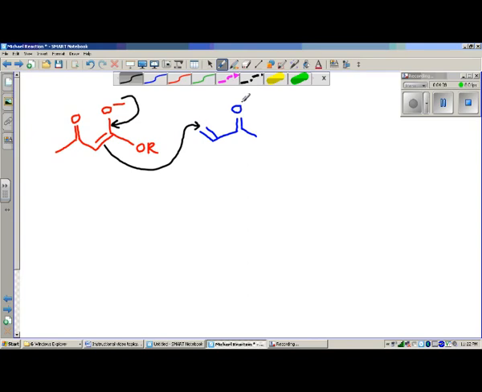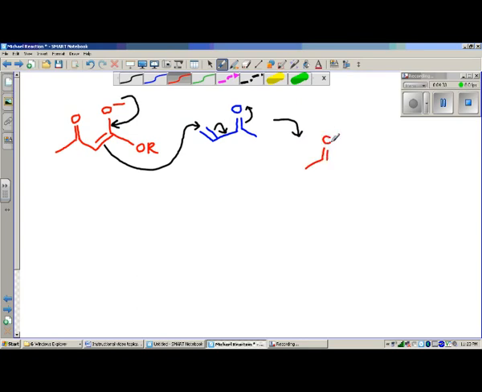Remember we showed the resonance structure for why this is actually a very electropositive carbon. These electrons then kick down here and ultimately kick the electrons up onto the oxygen. Alright, so let's see if we can draw out what the product of that looks like. And I'm going to draw it out with what was the enolate up on top.